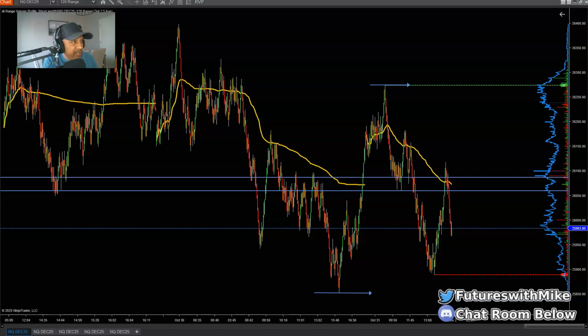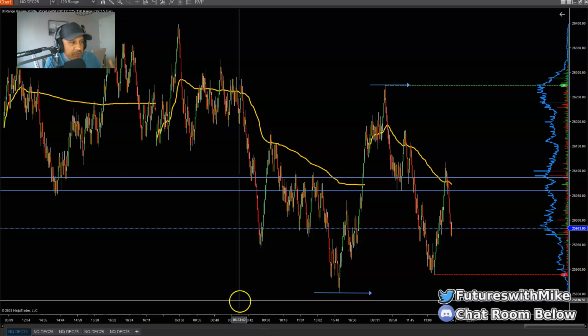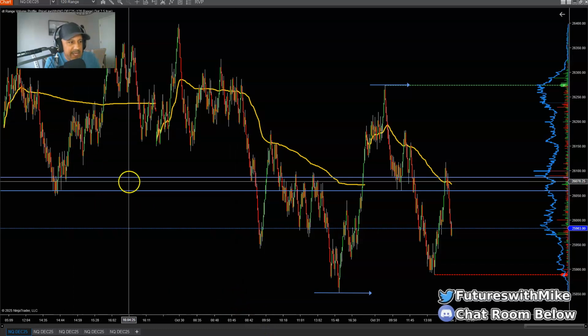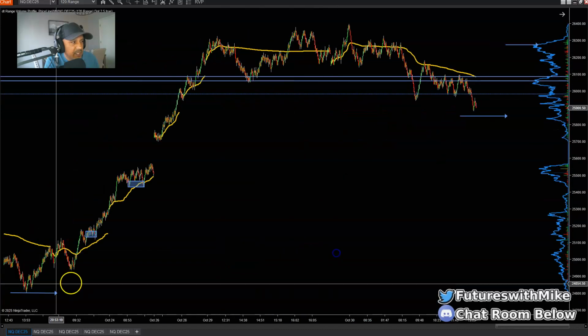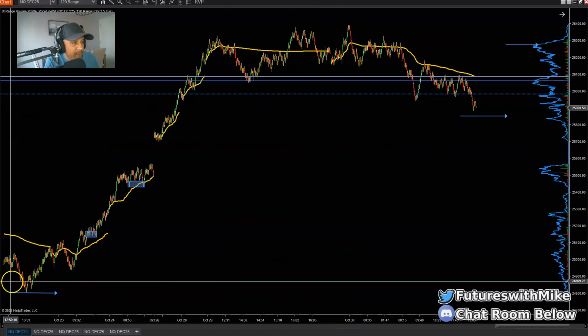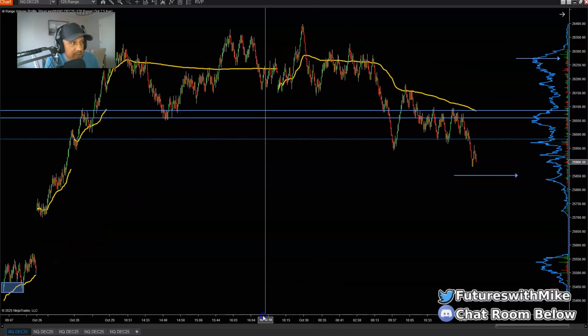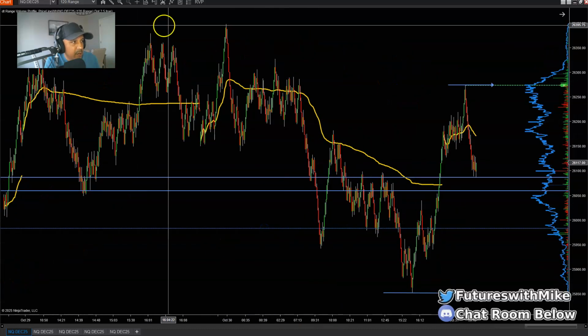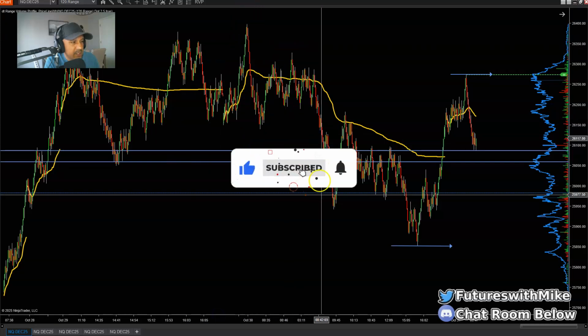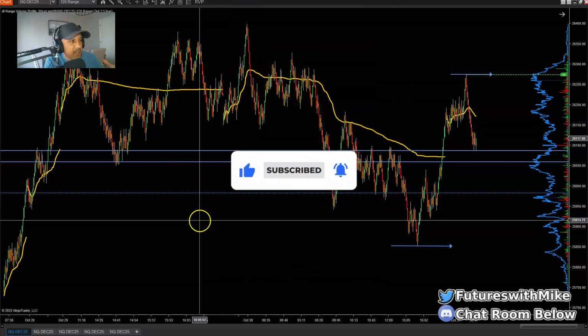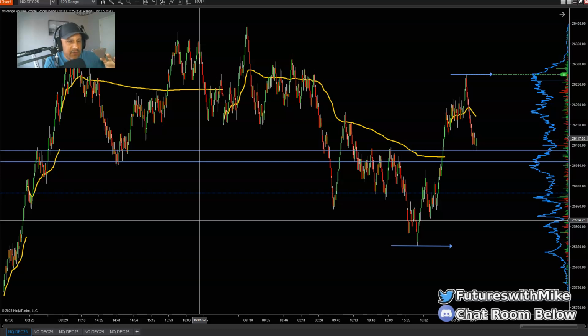Now, if we look here at the range bar chart, the higher chart, my 120 on the NASDAQ, you can see how easy it is to really understand and determine what's going on with the market. Are we moving higher, making higher highs and higher lows? Or are we swinging back to the downside, making lower highs and lower lows? The bars are pretty much equivalent, almost, in a sense.